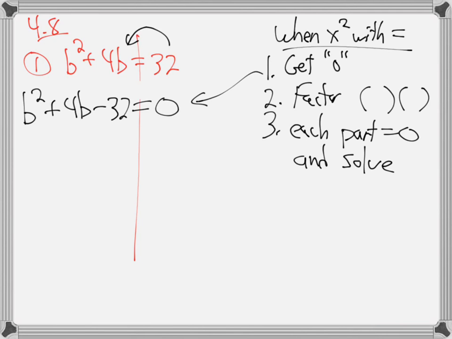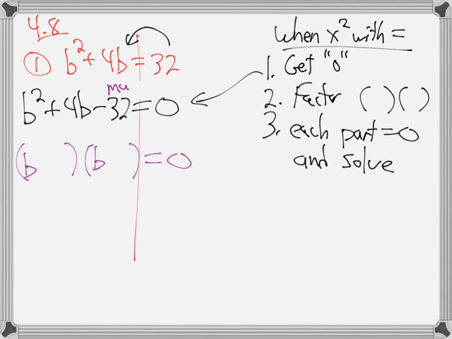So do so. Two parentheses. You can factor small polynomials in a single step. So front times front, b and b.